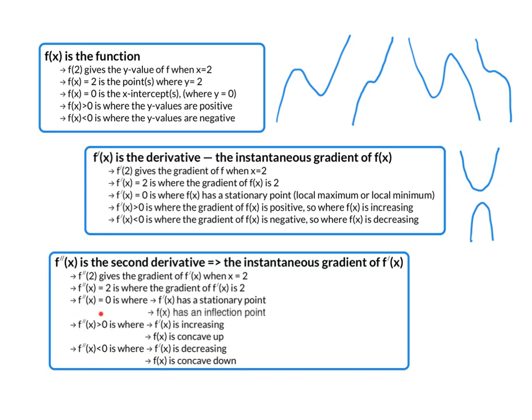If I've got a positive second derivative, it means my first derivative is increasing, or my original graph is concave up. And alternately, if my second derivative is less than 0, I know that my derivative is decreasing, or my original graph is concave down.